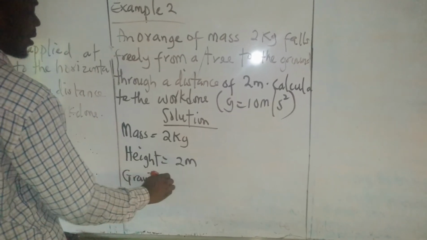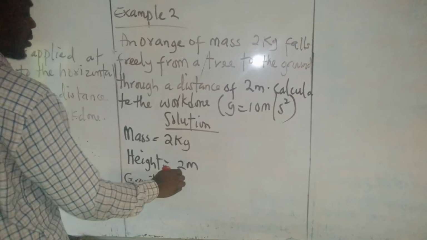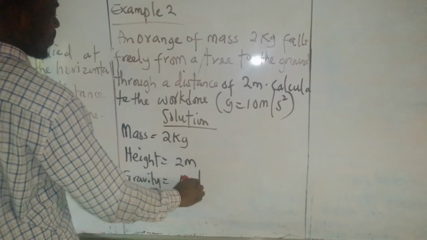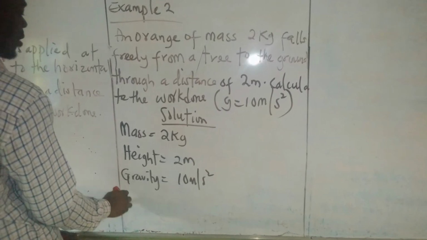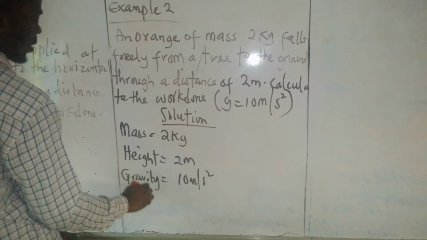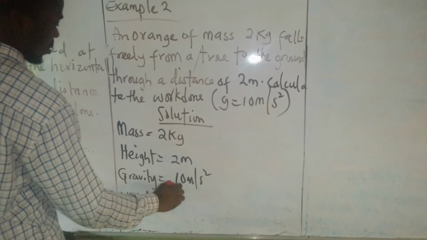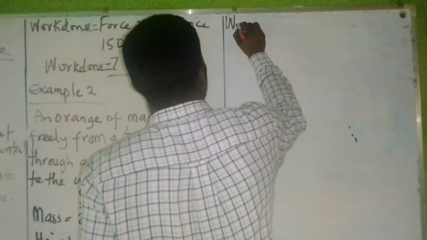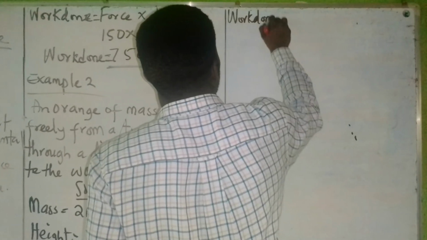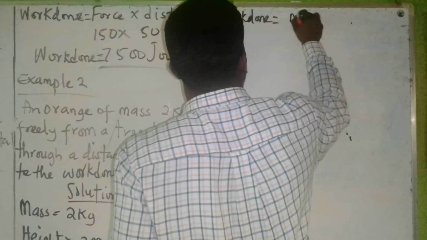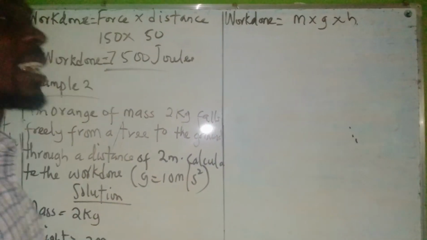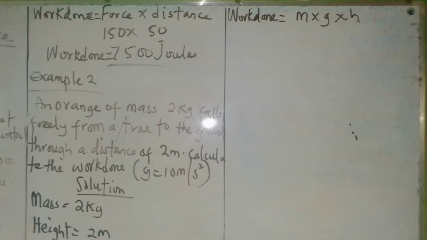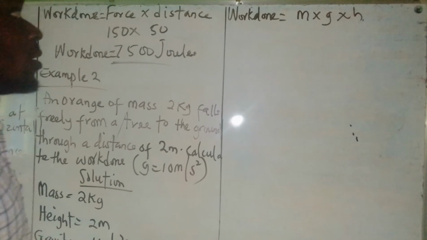It's a constant, 10 meters per second square. Work done, we don't know work done. So we're going to say work done equals what? M times G times H. That's mass times gravity times height. That's mgh.